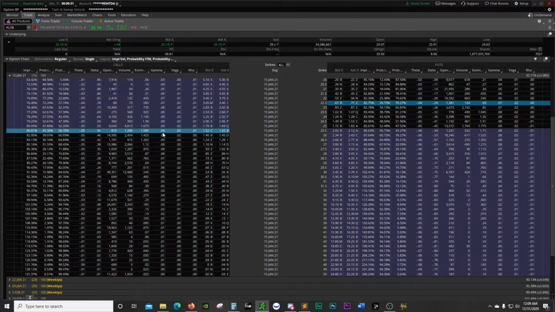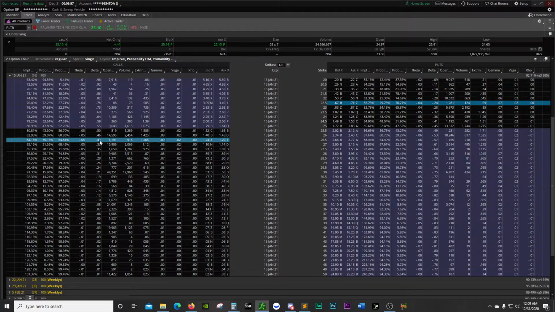As an example, in this current scenario with a gamma of 0.09, if the option price were to change from say 25.50 to 26.50, then the delta value would change roughly 9 cents. If you look here at 50, and I go up a dollar to 26.50, which is this one, the delta is at 0.42.